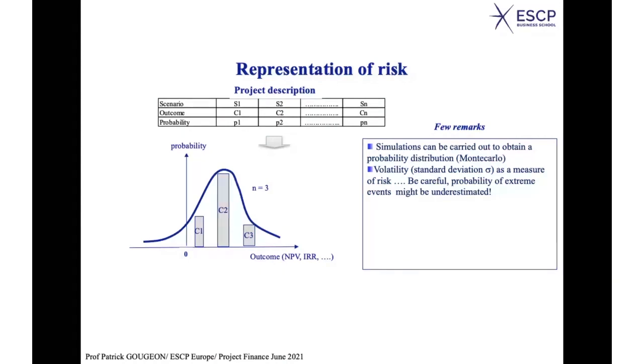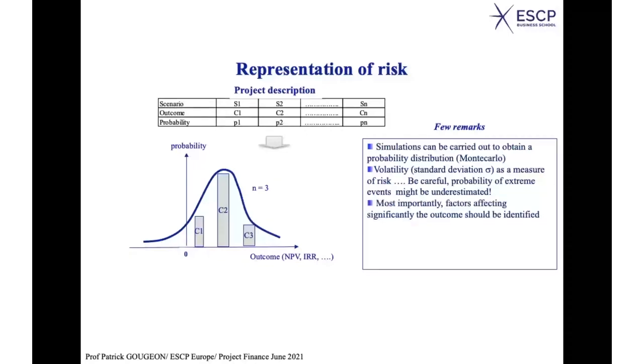Well, what else? Most importantly, factors affecting significantly the outcome should be identified. For each scenario, you calculate an outcome. Because for each scenario, you may have a certain growth rate for the economy where you operate, a certain inflation rate, a certain foreign exchange rate, and all these parameters will have an influence on the net present value of the project.